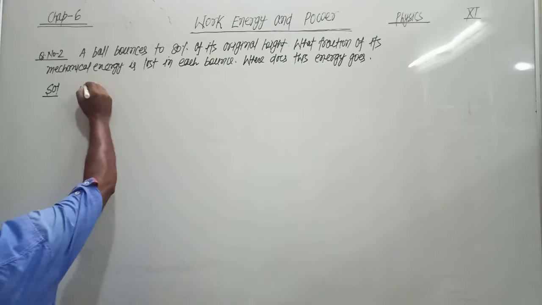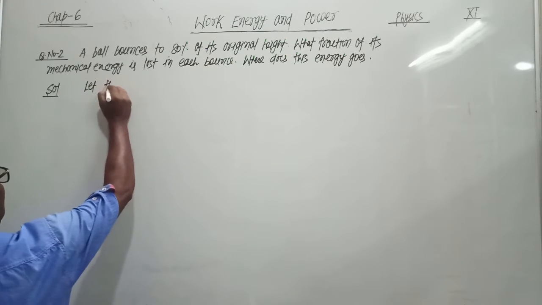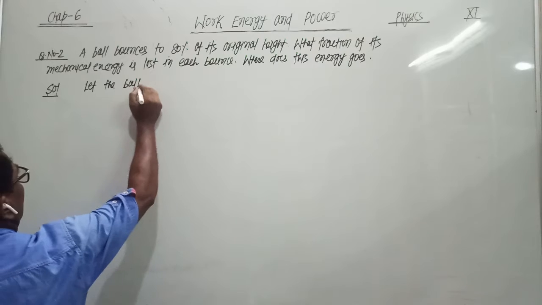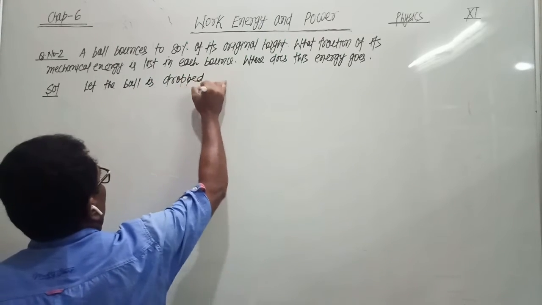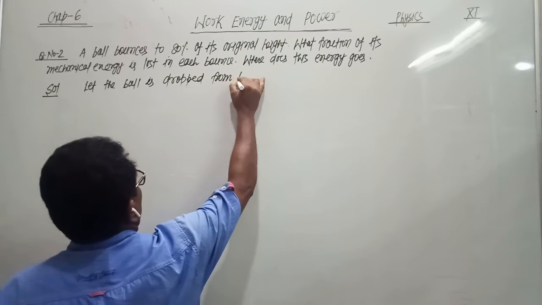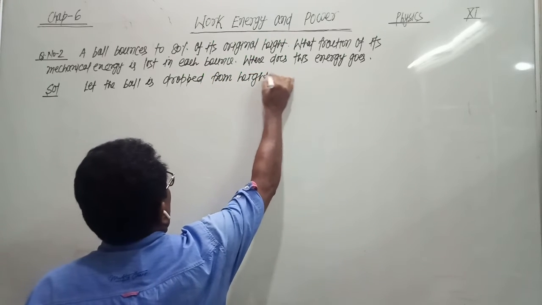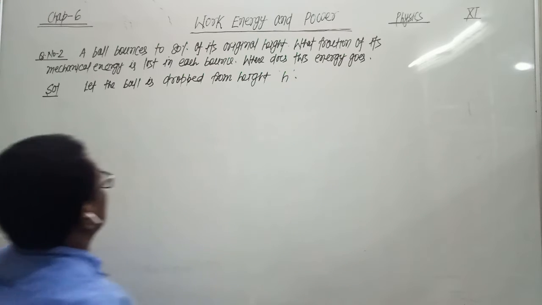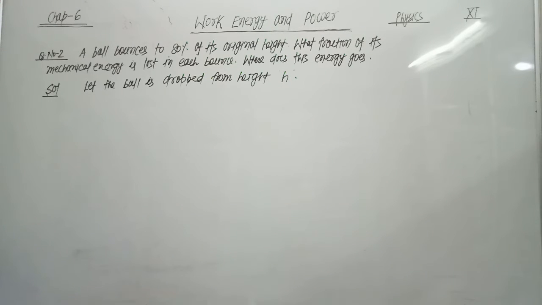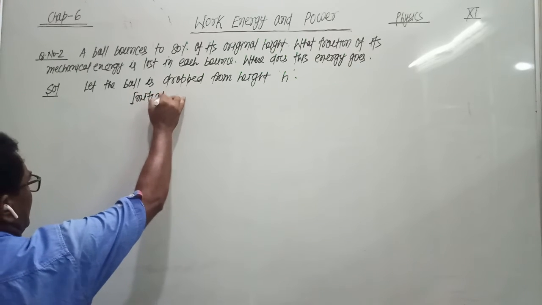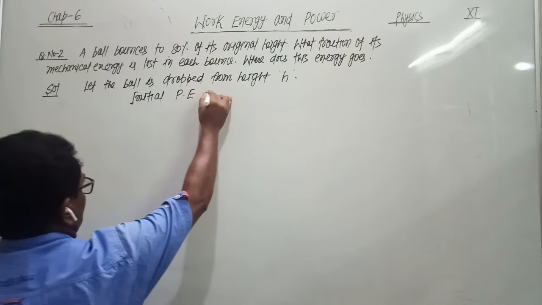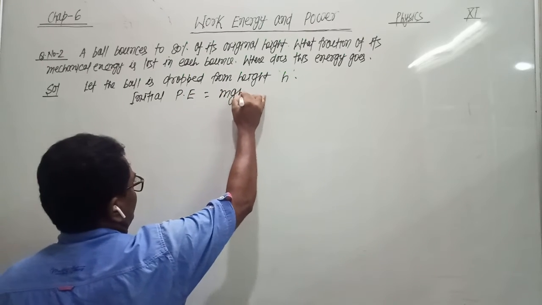Let the ball be dropped from height h. Then its initial potential energy is mgh.